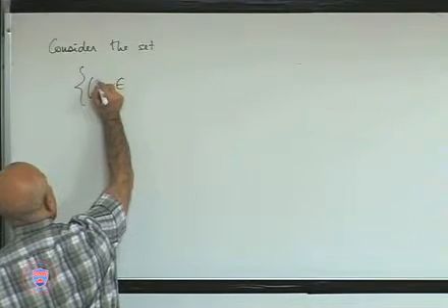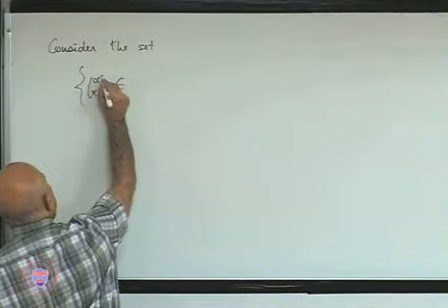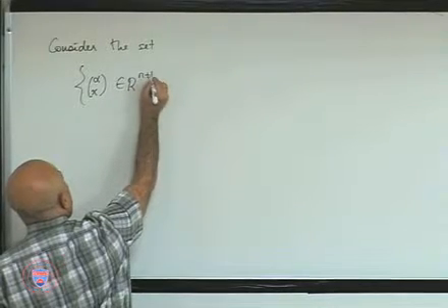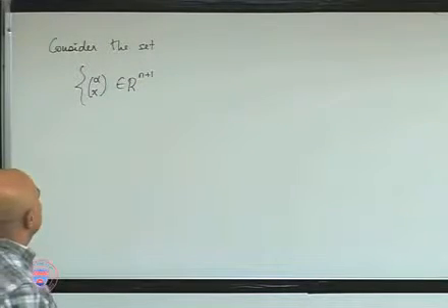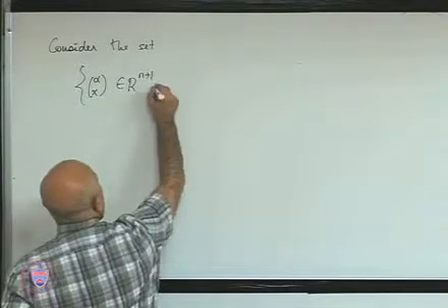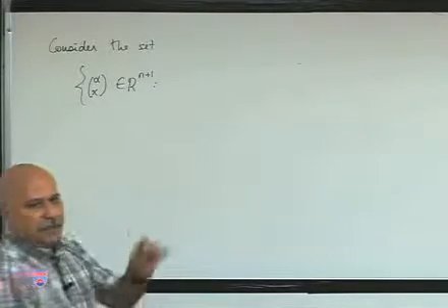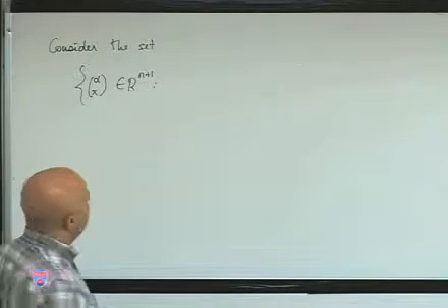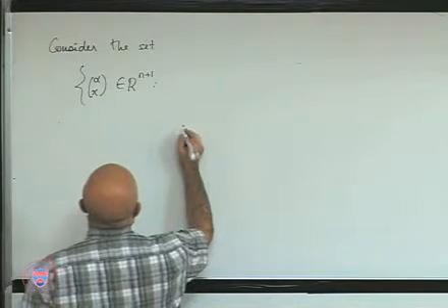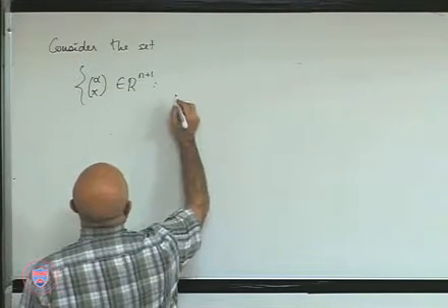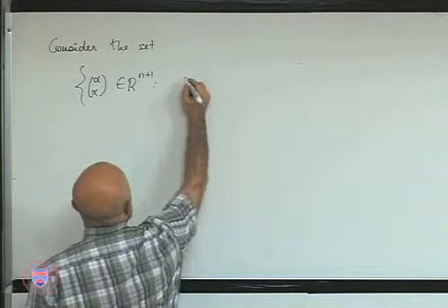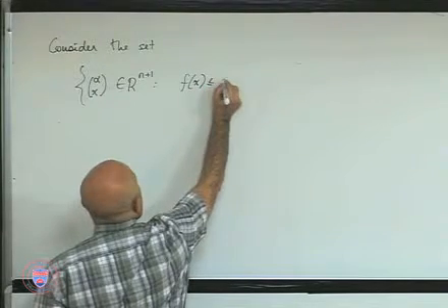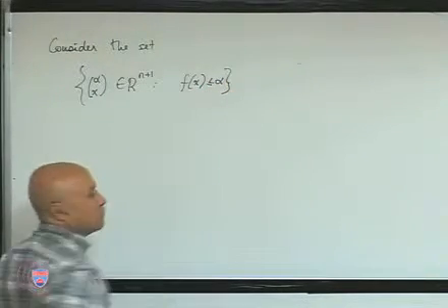Let's look at the set of points alpha and x in the n plus 1 dimensional space. X is an n-dimensional vector, alpha is a number. I'm just referring back to the old notation. Such points where f of x is less than or equal to alpha.